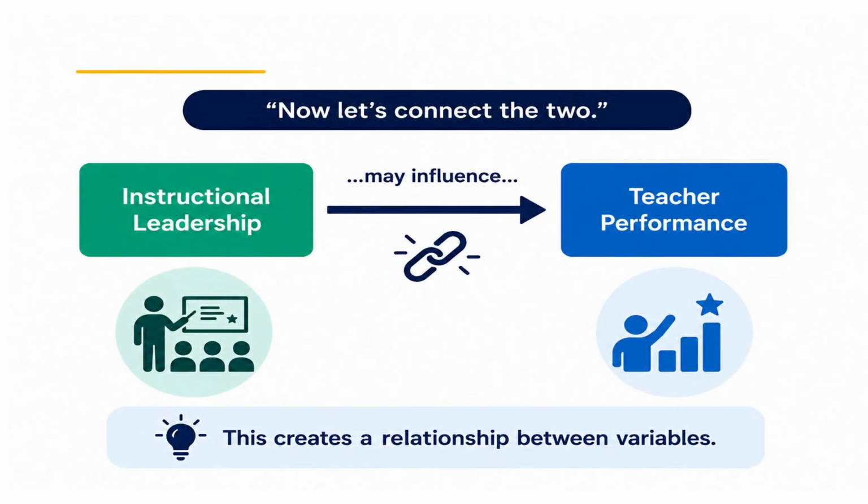Let's connect the two. Instructional leadership serves as the influencing factor, and teacher performance becomes the result being affected. This simple relationship helps us understand how variables work together in research.